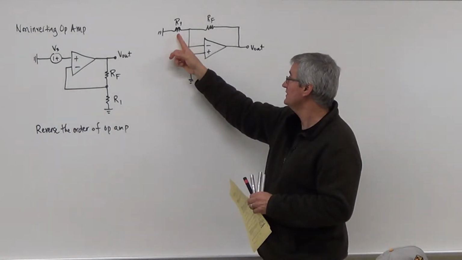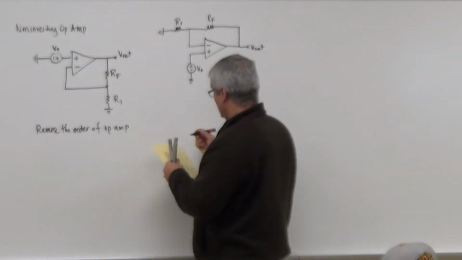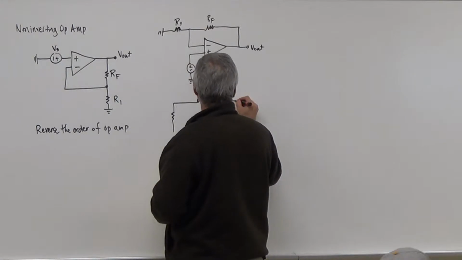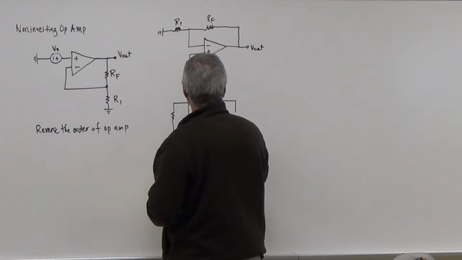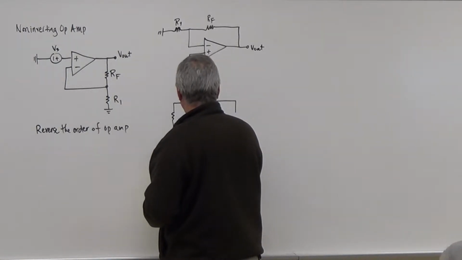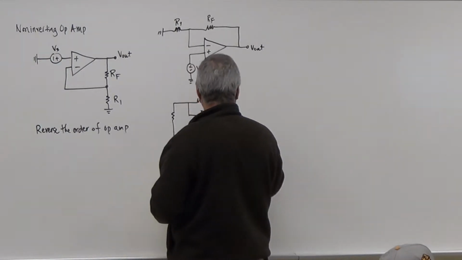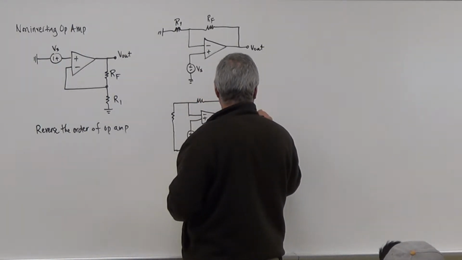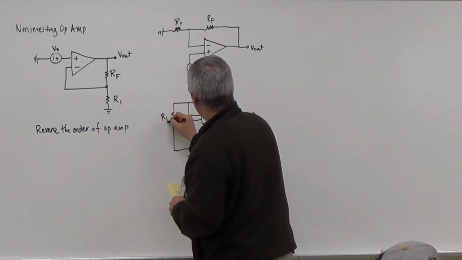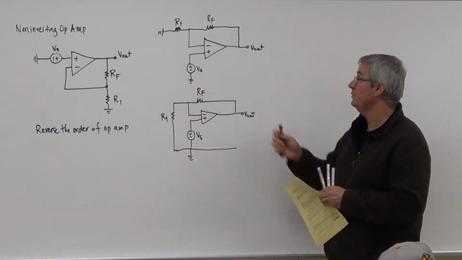Because that ground and that ground must be the same, I could also have drawn it like this, and that would have been totally fine. If you find this easier, then I suggest that you draw it that way. Right, that looks exactly the same. Okay. I would have probably drawn it this way.